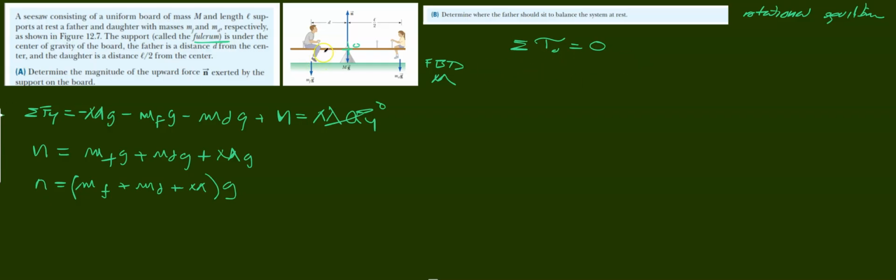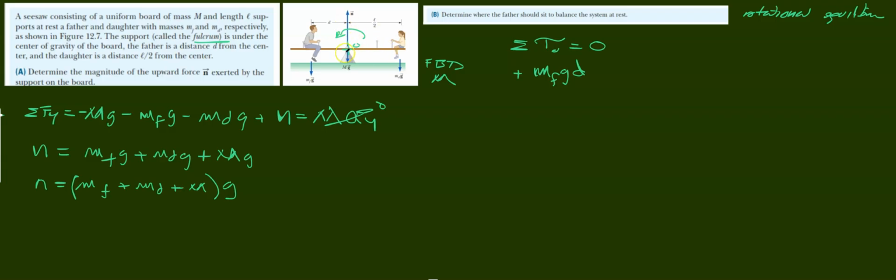So we're going to have the contribution of the father. And you see, the father alone will make the seesaw rotate like this. So positive. So it's going to be positive. Force of the father, which is the weight, times the radius, or d, the distance d.